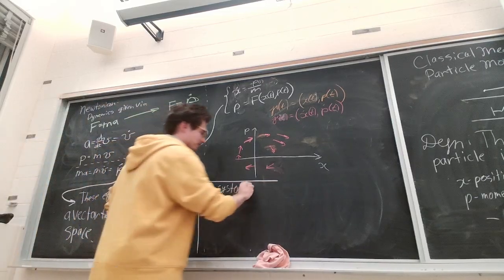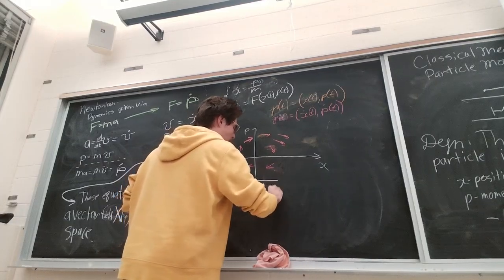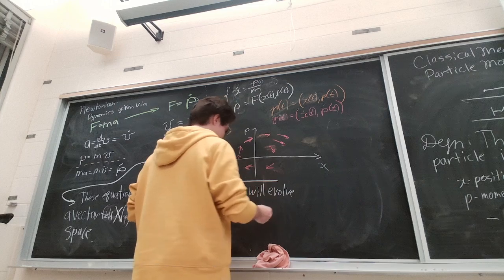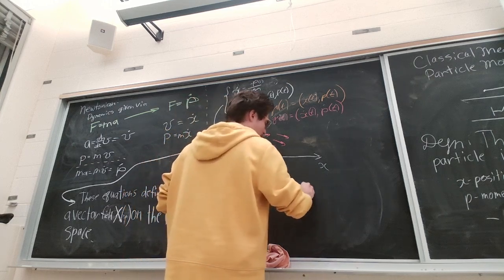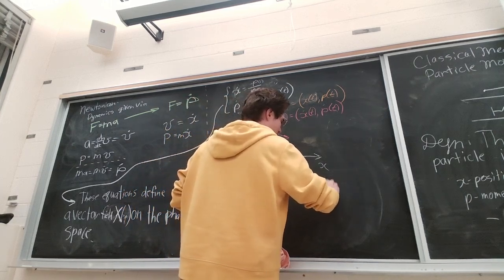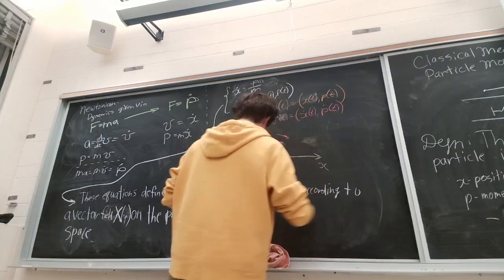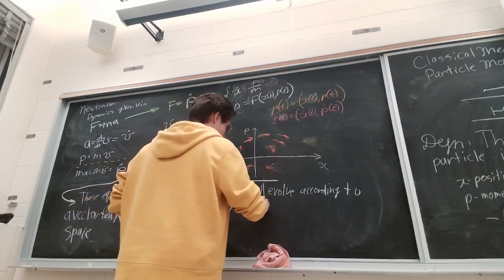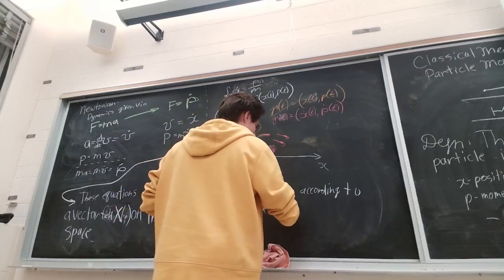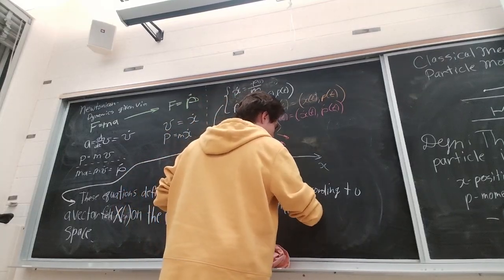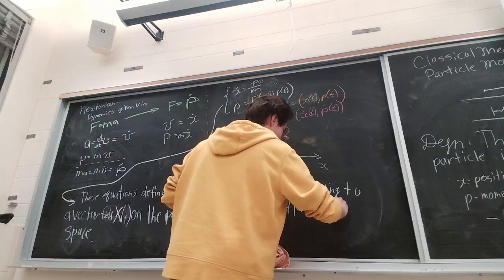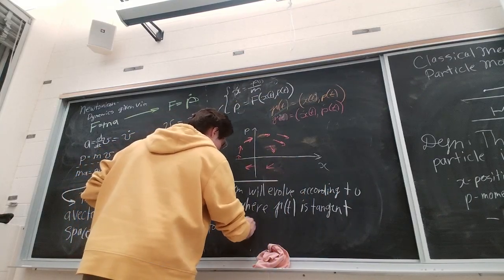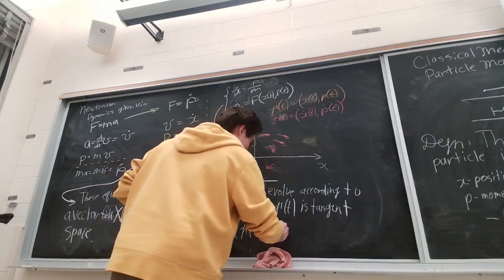And my system will evolve according to gamma of t, where the curve gamma of t is tangent to X of gamma of t at every t.